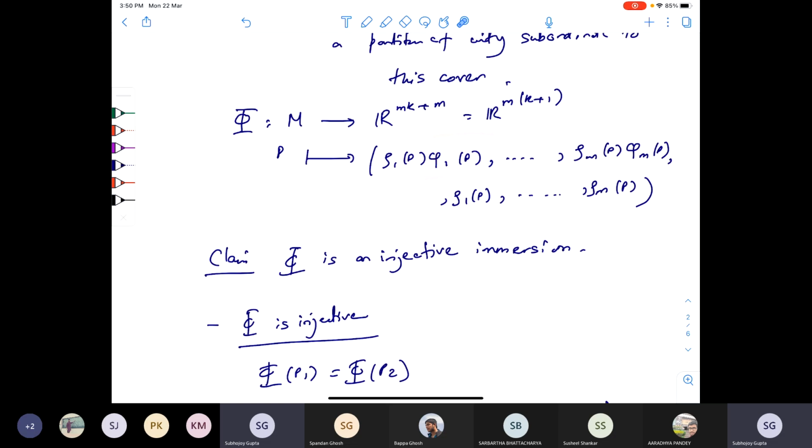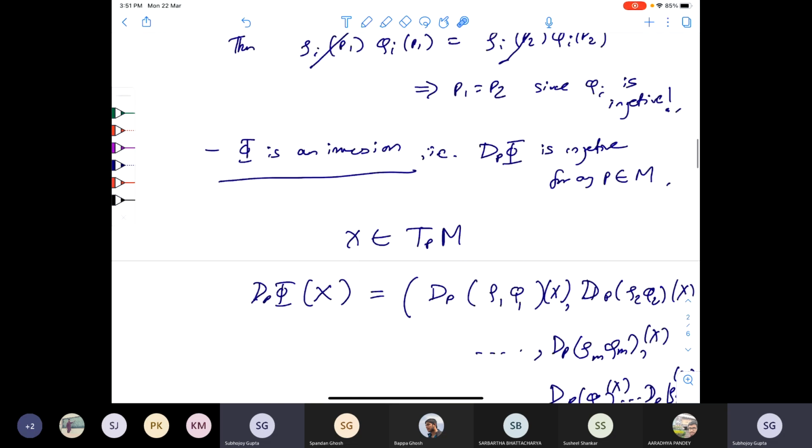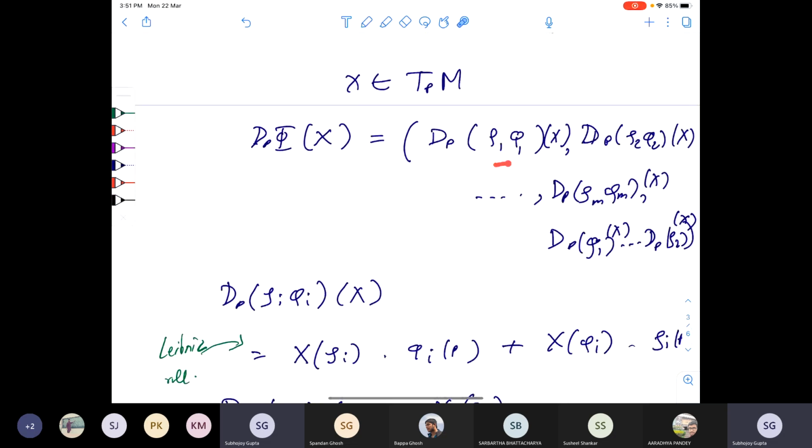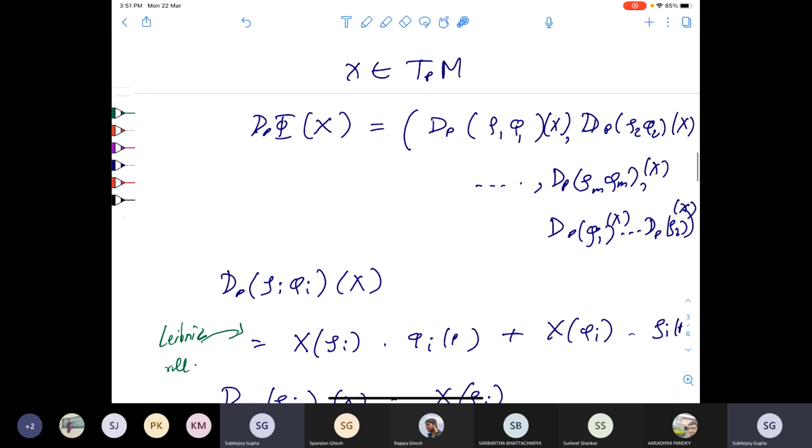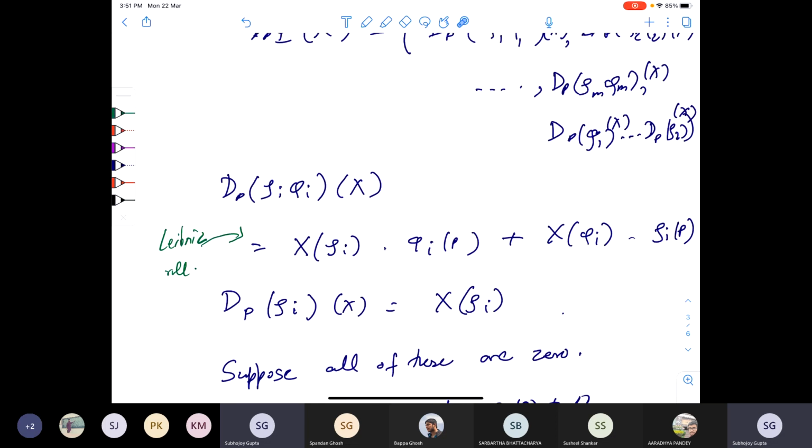Each phi1 of p is like phi11, phi12 up to phi1k, because it's k dimensional. And then you apply all these things that I was saying to those. I didn't want to add too many subscripts, so I just wrote it like this, but yes, you're absolutely right.